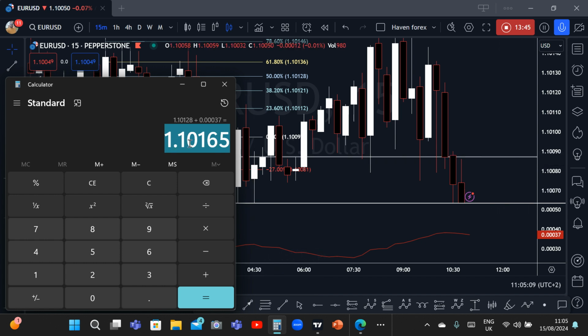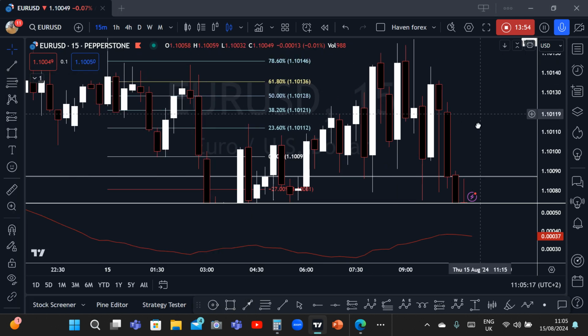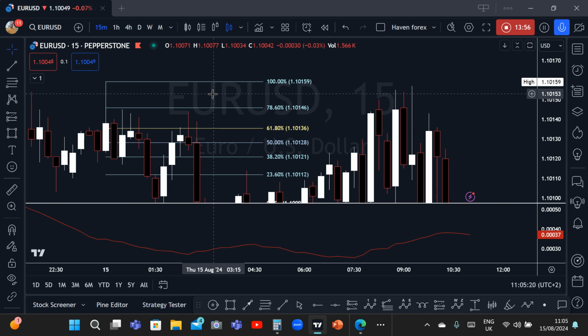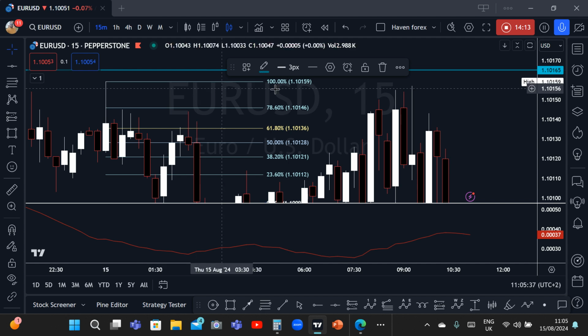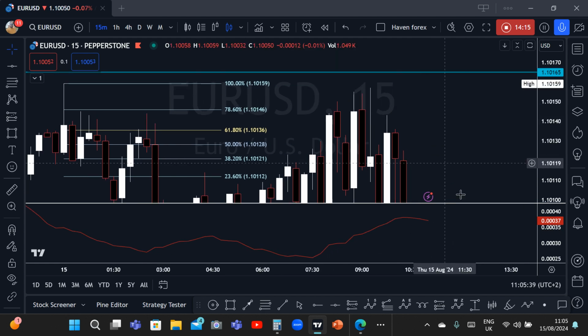Okay, now 1.10165, guys. Where is 1.10165? Look at it. This is where you put your, let me put this thing here, C5. This point here, we can see it. 1.10165. This is where you put your stop loss.